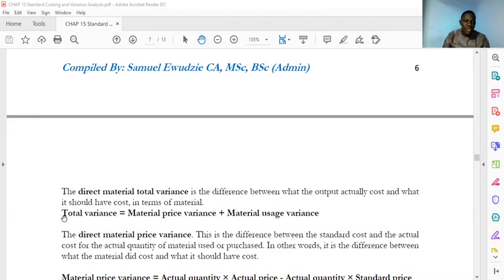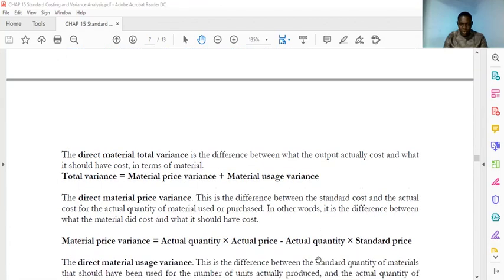Total variance is equal to material price variance plus material usage variance. Now, the direct material price variance is the difference between the standard cost and the actual cost for the actual quantity of the materials used or purchased. In other words, it is the difference between what the material did cost and what it should have cost.